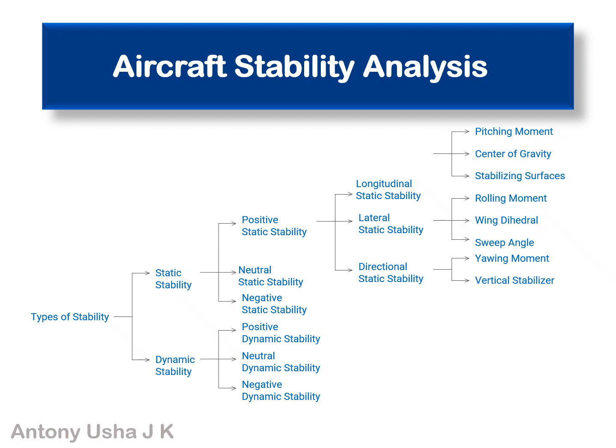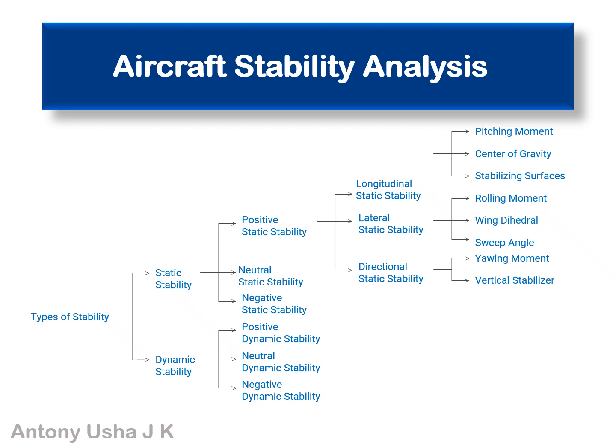Under static stability come positive, neutral and negative static, and in dynamic stability come positive, neutral and negative dynamic stability. In positive static stability there are three kinds: longitudinal, lateral and directional. That is static stability. These are all under positive.